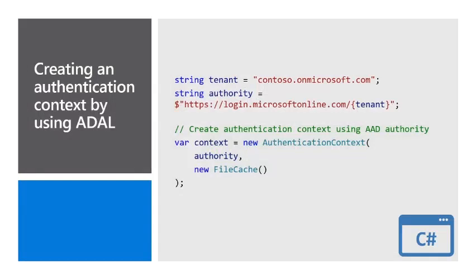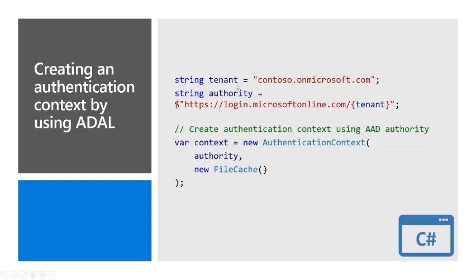So to create an ADAL context, in the authentication context using ADAL, first you need to initialize your app's authentication context, which is ADAL's primary class. The authentication context is where you pass ADAL the coordinates it needs to communicate with Azure Active Directory and tell it how to cache the tokens.